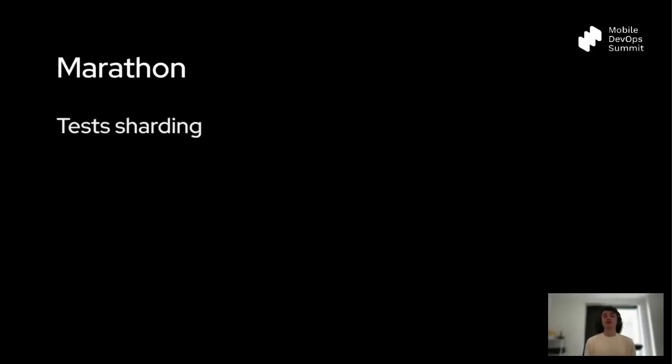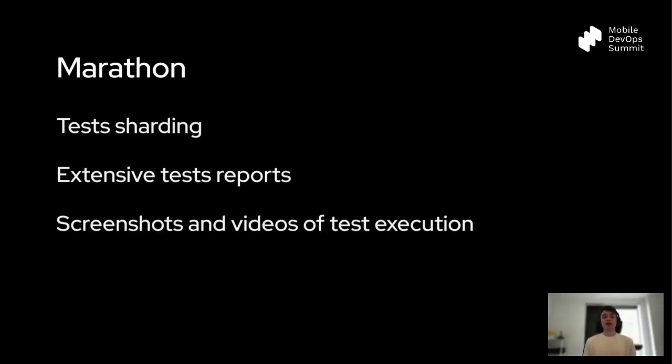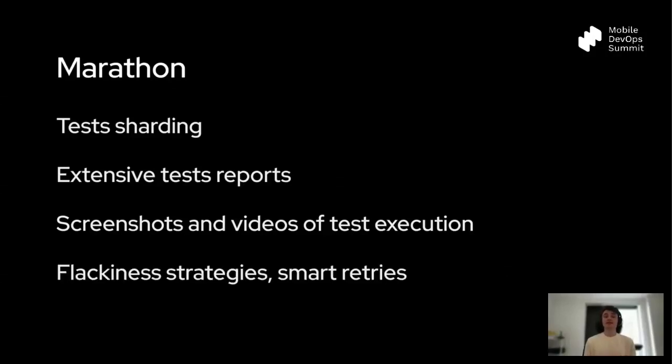Marathon test runner, for example, already provides you with some functionality that lets you do test sharding, some split execution of tests across multiple devices. It also gives you the ability to have more extensive test reports with more details, screenshots and videos of execution, the flakiness strategy, smart retries, along with device pooling and test filtering.